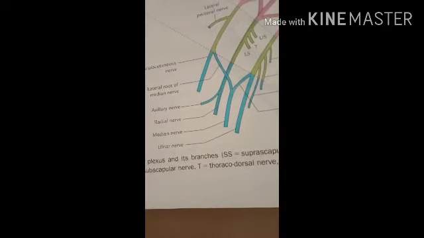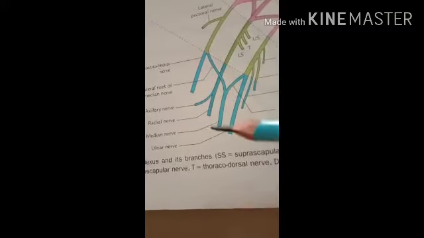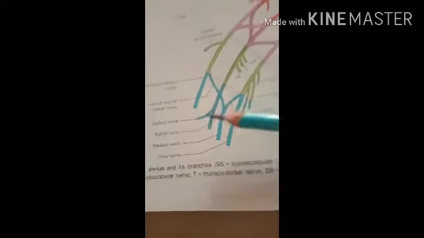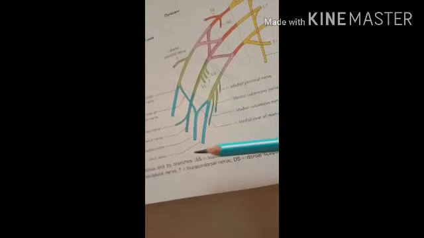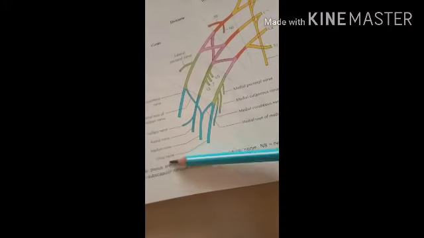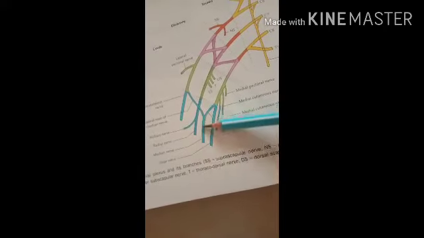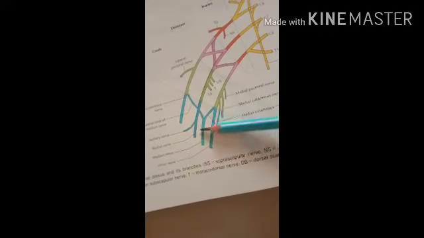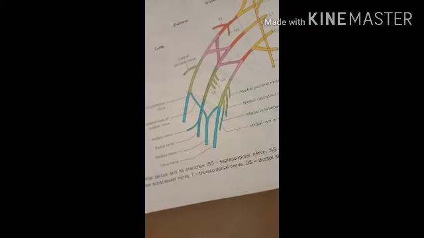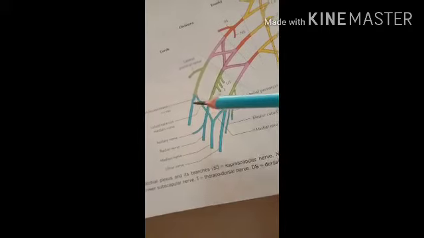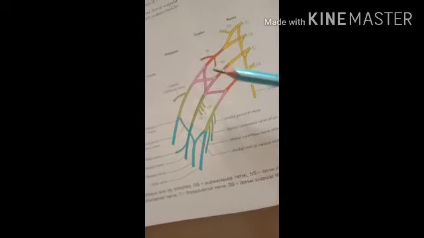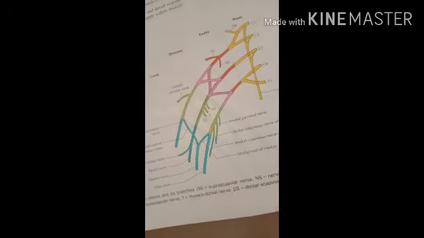So in this way, there are three major nerves which come out from the brachial plexus. One is the ulnar nerve, which goes medially, then the radial nerve which goes posteriorly, and the median nerve which goes on the anterior side of the arm and the forearm. Okay, so these are the brachial plexus and its branches.